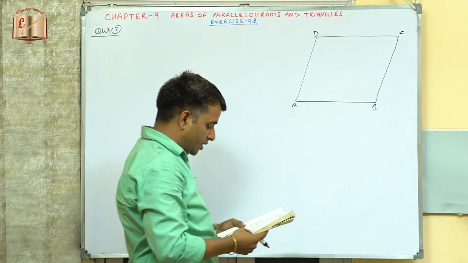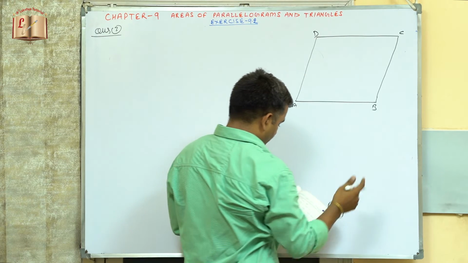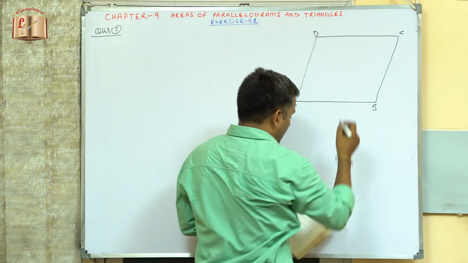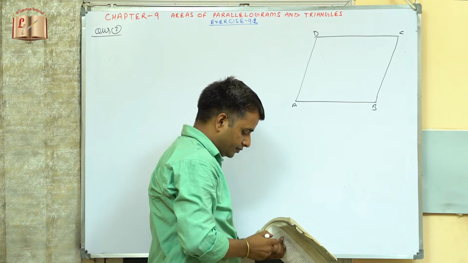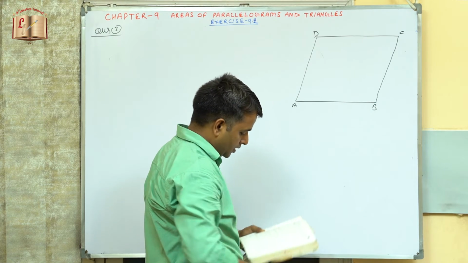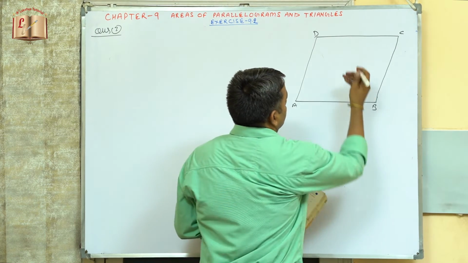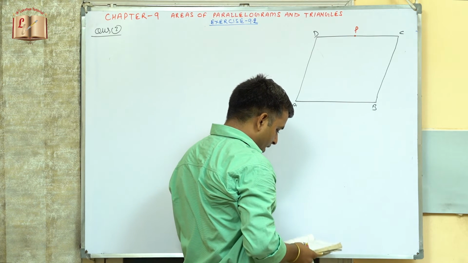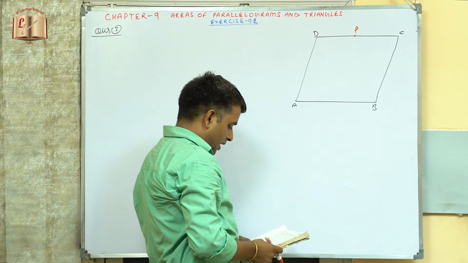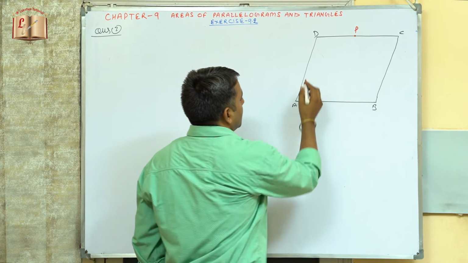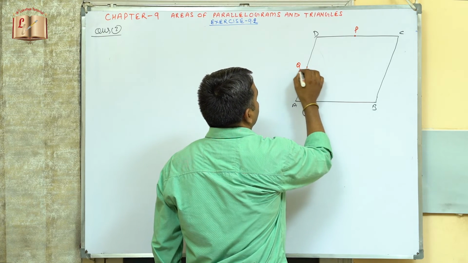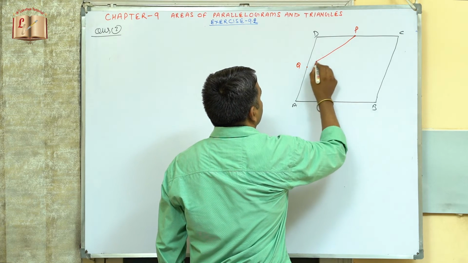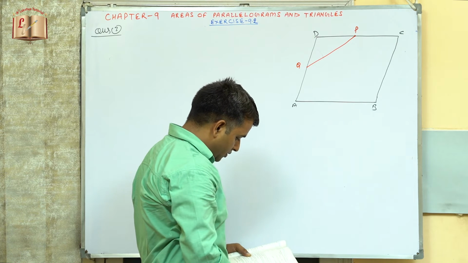Now it is given that P is the point on CD. So let this be the point, P is the point on CD and Q is on AD. So this is now Q, this is on AD. Now we can join these 2.